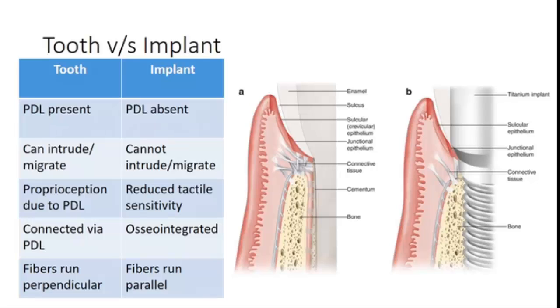The second is the tooth has an ability to move because of the periodontal ligament fibers, which acts as a cushion, whereas an implant cannot migrate because it's fixed with the alveolar bone.